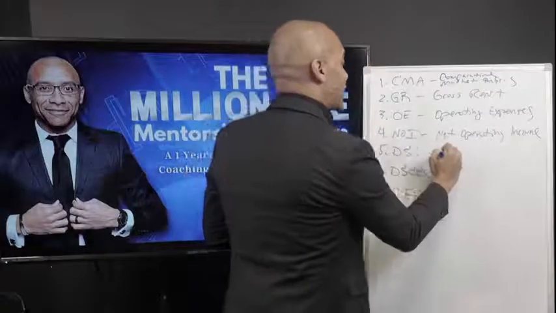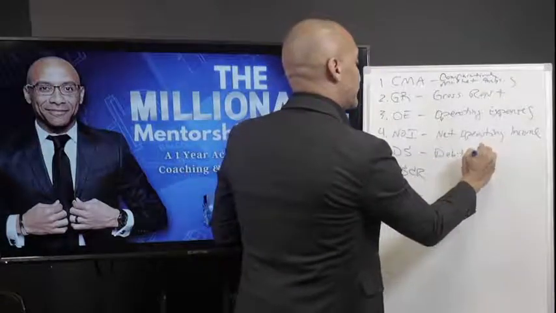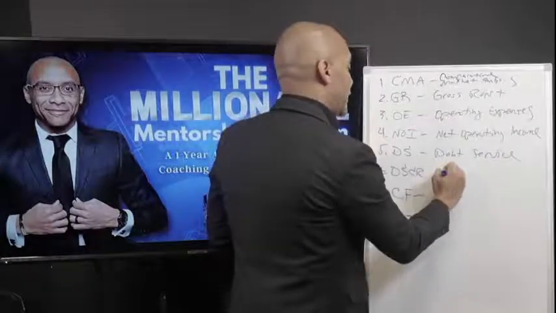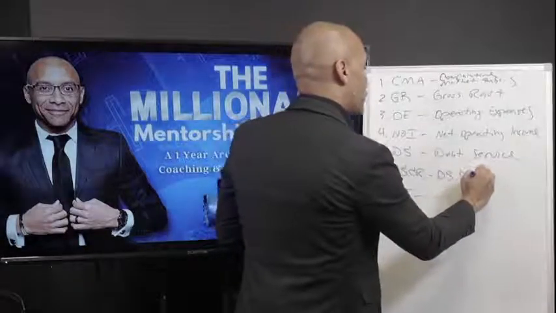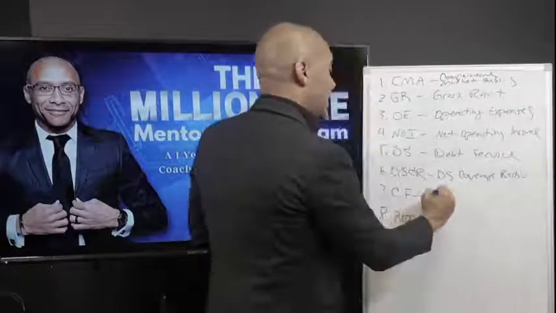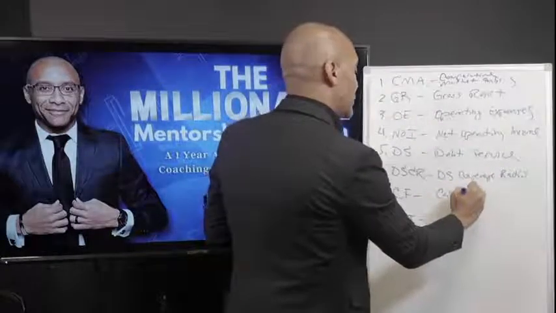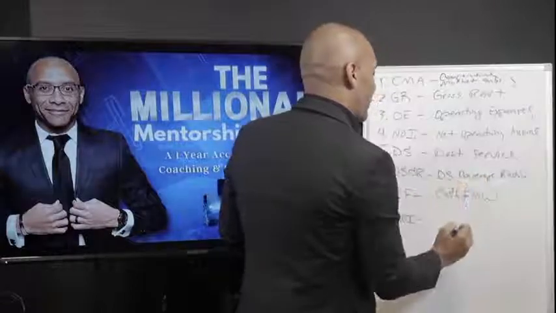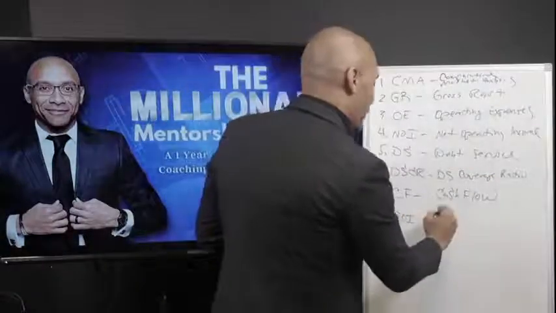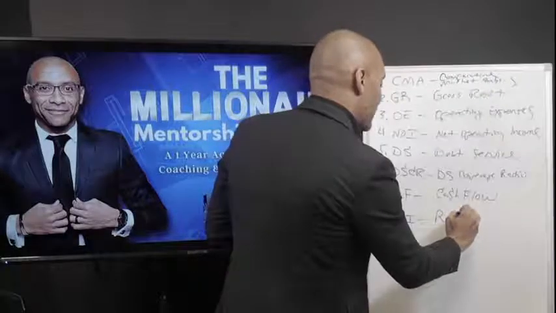DS is for debt service. DSCR is for debt service coverage ratio. CF is for cash flow. Cash flow, like my rich uncle says, cash flow. ROI is for return on investment.